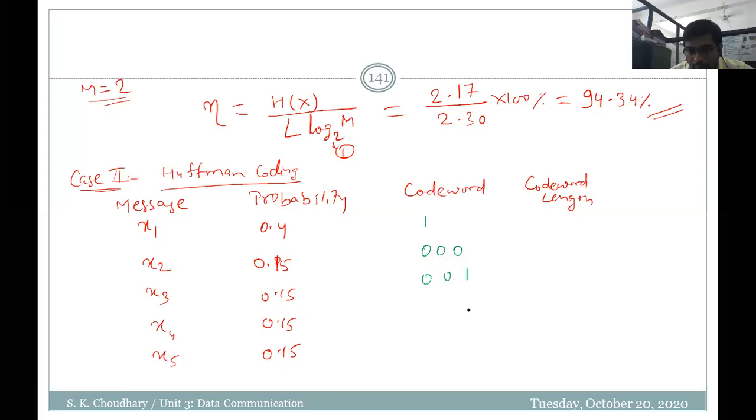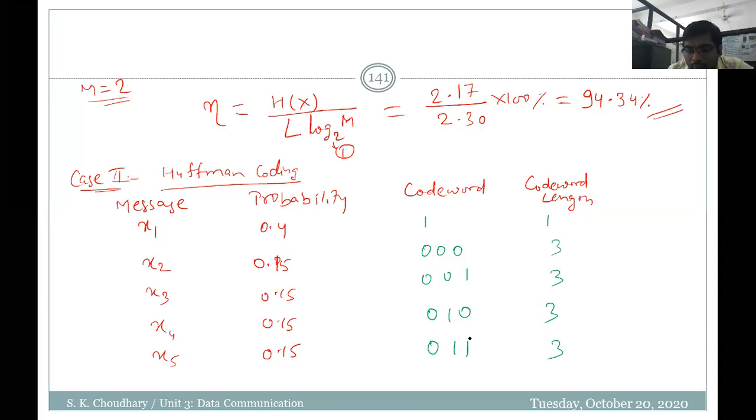X4 is 0, 1, 0, and x5 is 0, 1, 1. So what would be the lengths? 1, 3, 3, 3, and 3. So this is the updated value of the code word and the code word length.